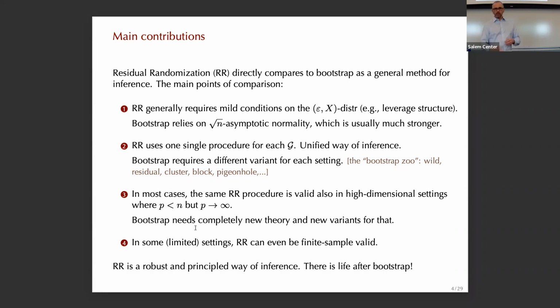You try to do that in Bootstrap, you can't, right? You need a new theory, you need new variants, so every new setting requires a new Bootstrap procedure. And again, it's because Bootstrap starts with exchangeability, some IIDness. And so if that doesn't hold, then you have to completely reverse the procedure and try to adjust it.